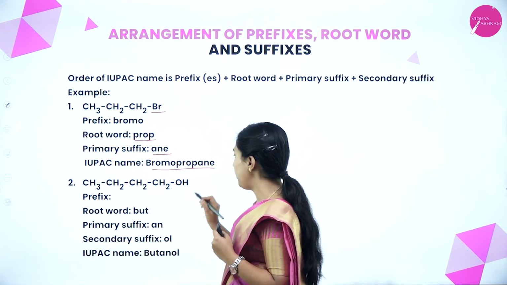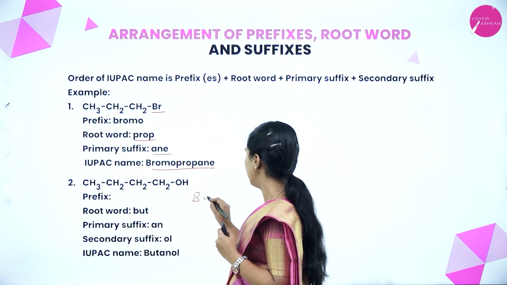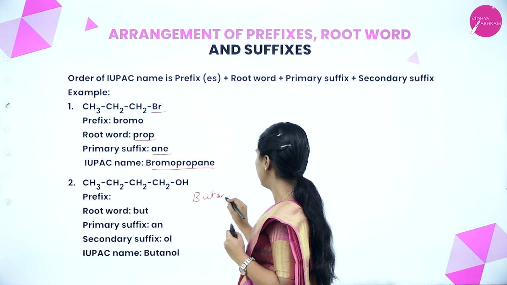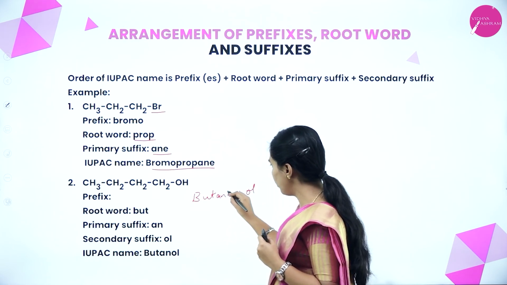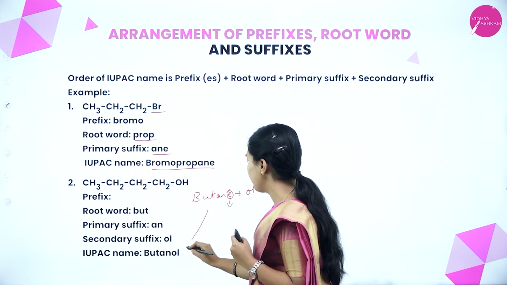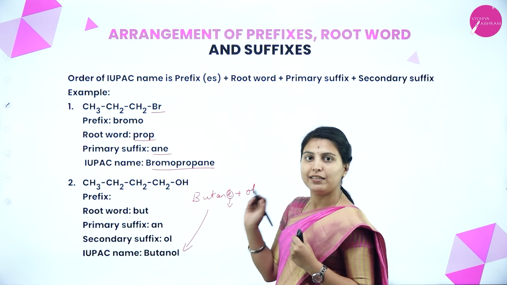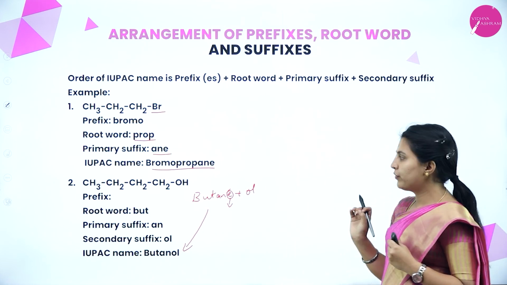You can write butane plus ol. But you should know that E will be dropped. That time it will form butanol. Right? This is how the nomenclature of compounds will be written.